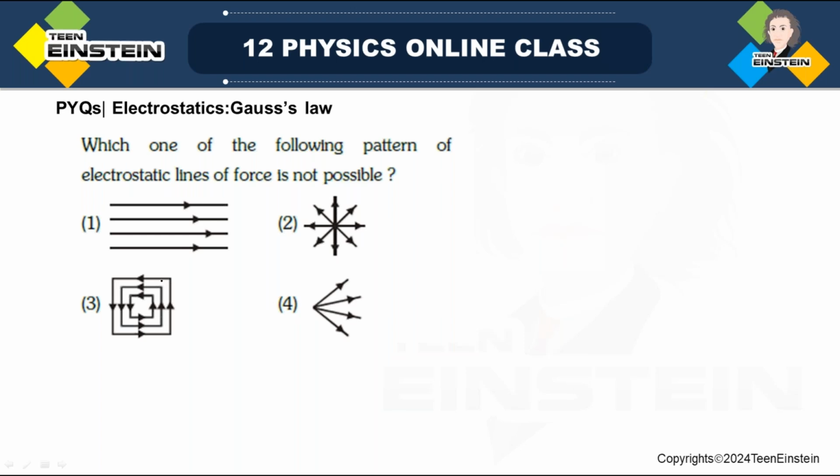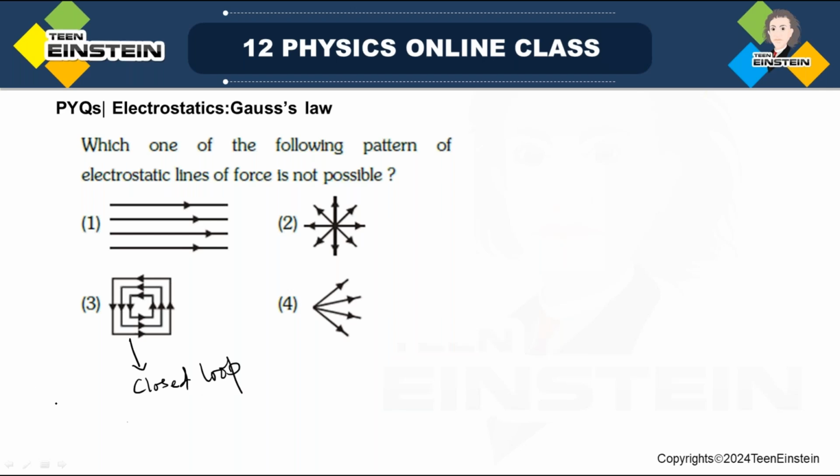So why, what is happening here? You see, electric field lines are actually closing, making a closed loop. Electric field lines will never form a closed loop. Here this is a closed loop.